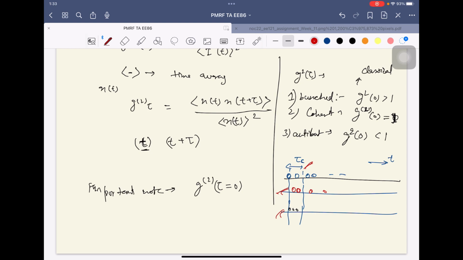This means that the number of counts at time t and t plus tau are uncorrelated. Hence g2(tau) will be 1 for any tau value.